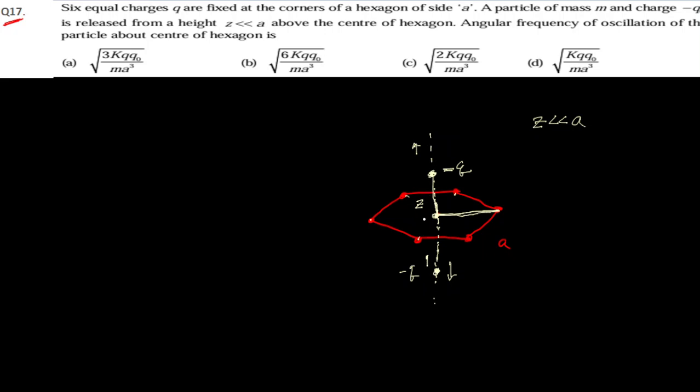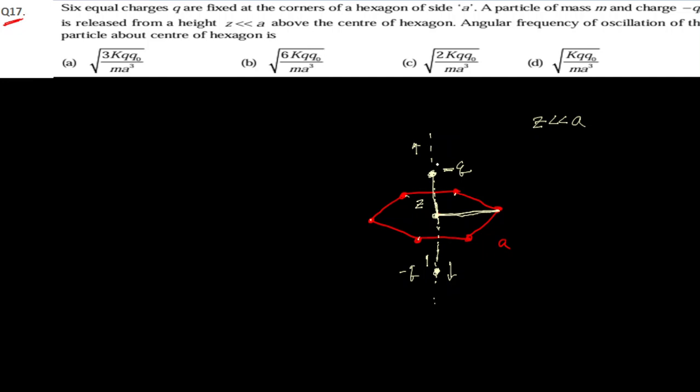So this motion will repeat with time: upward, downward, upward, downward. This type of motion we call SHM, or in this case we can say periodic motion. If we can show that this force is proportional to z, that is, the displacement from the equilibrium, then we can say that this motion will be SHM, and we can find the angular frequency.